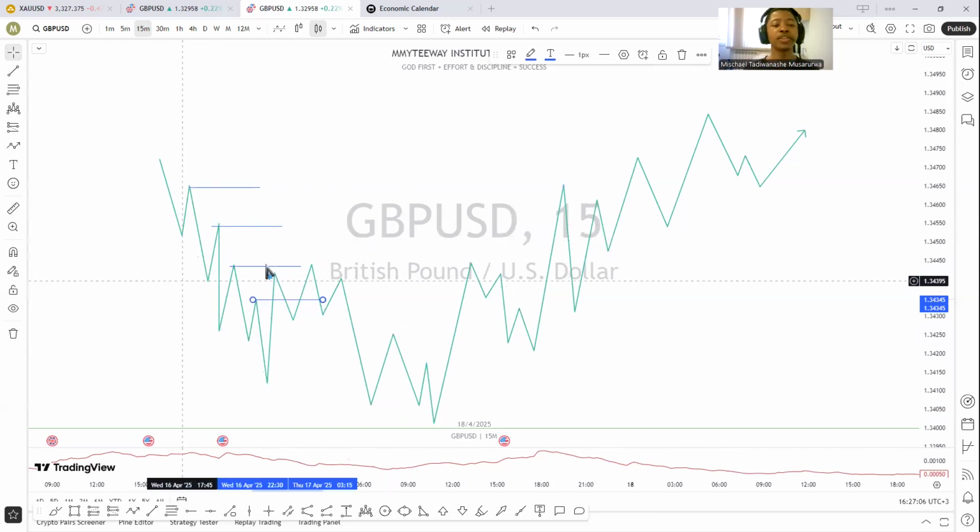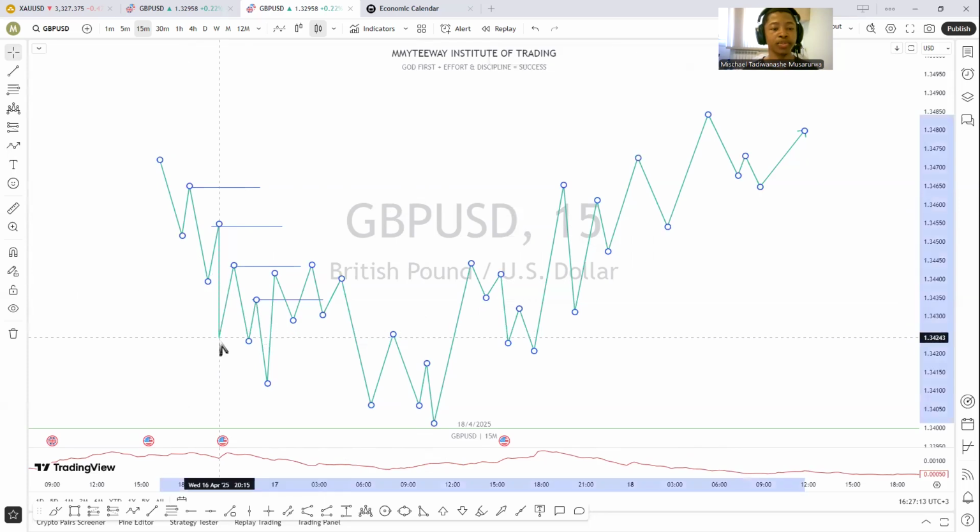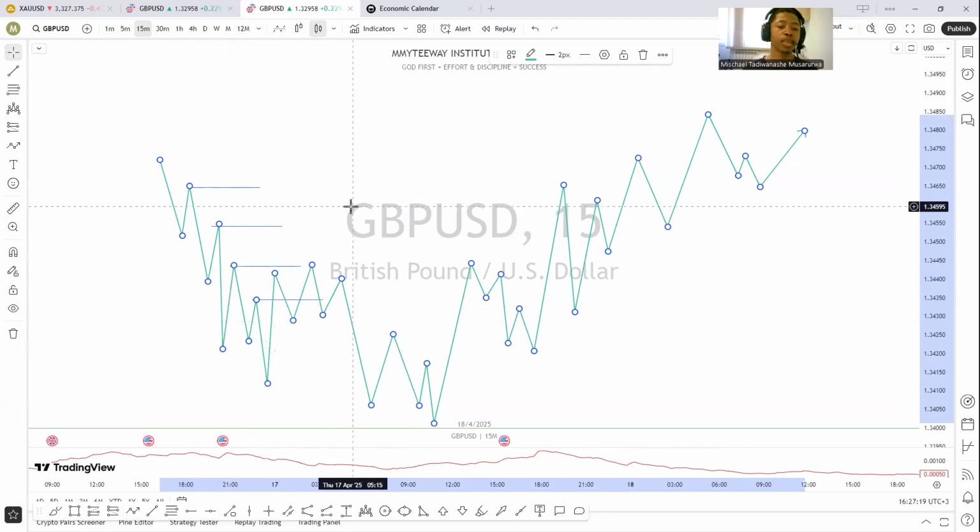Because even if the lower low is sometimes not created, let's say for example the graph was like this and it did not create a lower low, that does not matter. For instance here, it did not create a lower low, it created an equal low to the adjacent one. But when it came here, it did not break the lower high.